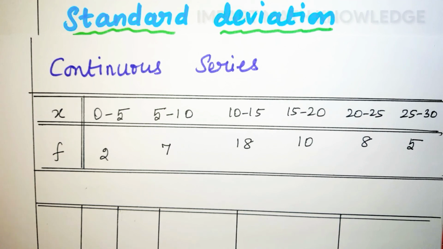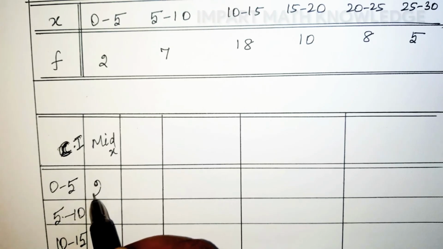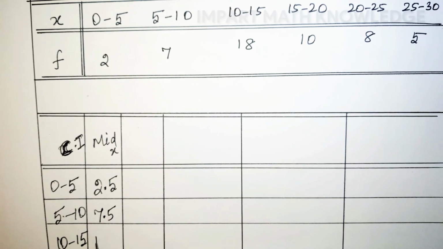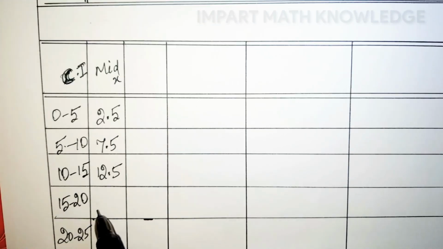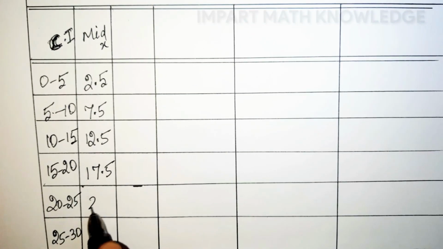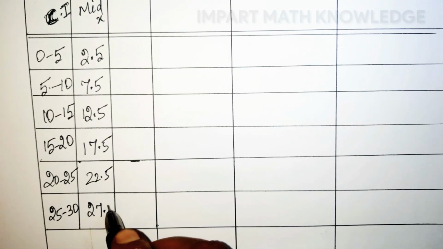Next one, continuous series. We can calculate standard deviation and coefficient of variation for the given data. The class intervals are 0 to 5, 5 to 10, 10 to 15, 15 to 20, 20 to 25, 25 to 30. The middle values are 2.5, 7.5, 12.5, 17.5, 22.5, 27.5.